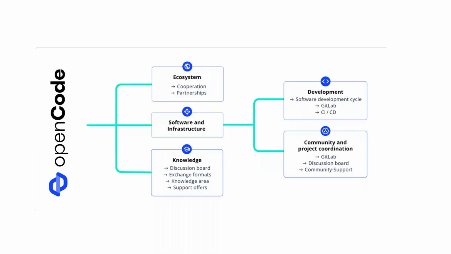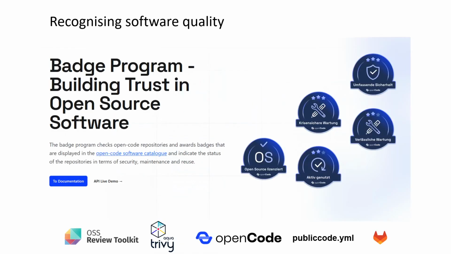BSI is the German cybersecurity agency, the federal one. We also have a badge program to promote best practices for security, maintenance, and reuse. That way, when you're looking for a piece of software, you can be sure it follows best practices.